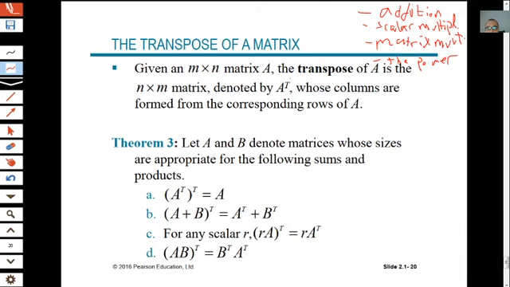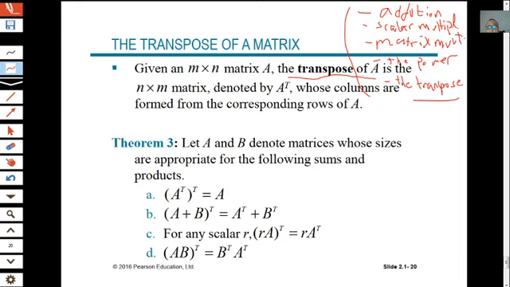So now we learn the transpose of A, the transpose. Okay, they are matrix operations.